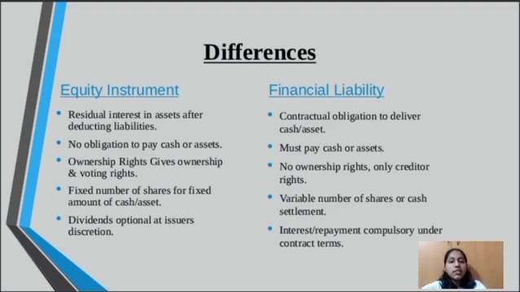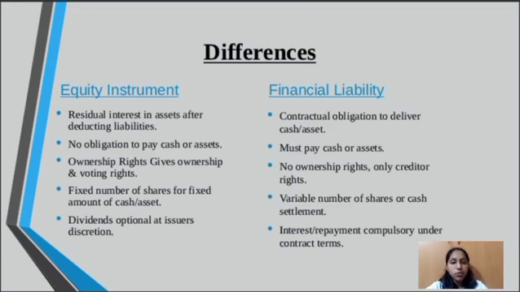Next is ownership rights. In an equity instrument, shareholders get ownership rights. They can vote, influence company decisions and share in profits. Next is financial liability. Creditors have no ownership rights. They only have the right to be repaid but cannot control the company's operations. Next comes the fixed versus variable number of shares.